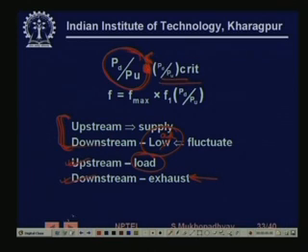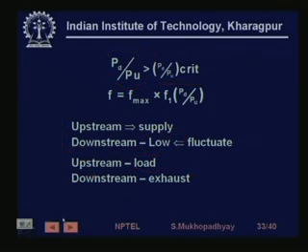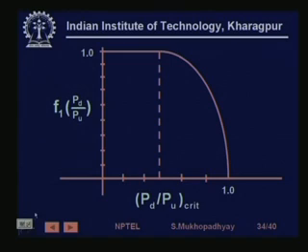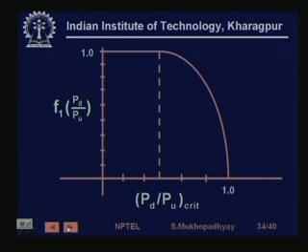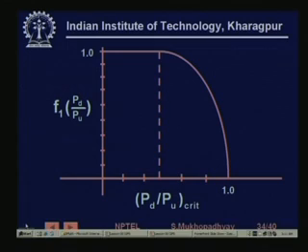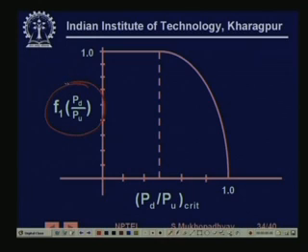So, depending on the PD by PU, this function causes fluctuations in the flow rate.